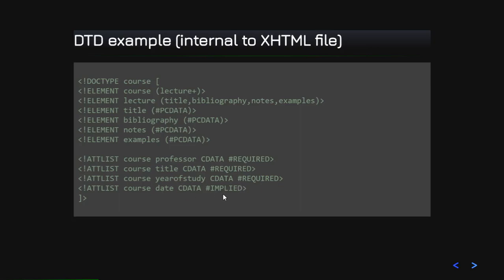This one has a default value. They are all character data, and they are all attributes of a course tag. Okay. So this is a DTD example for an XHTML document.